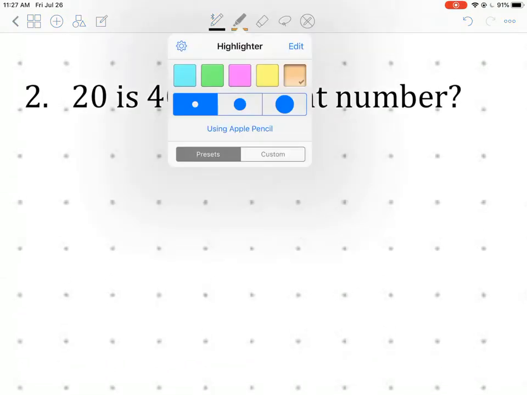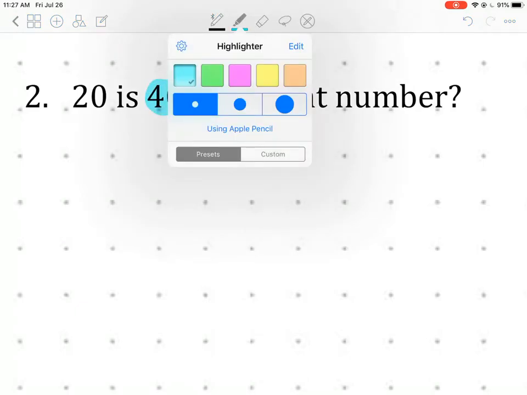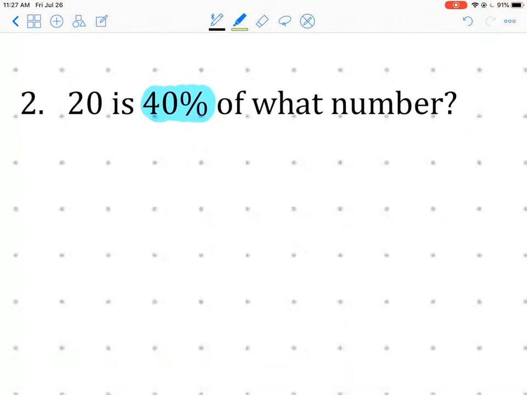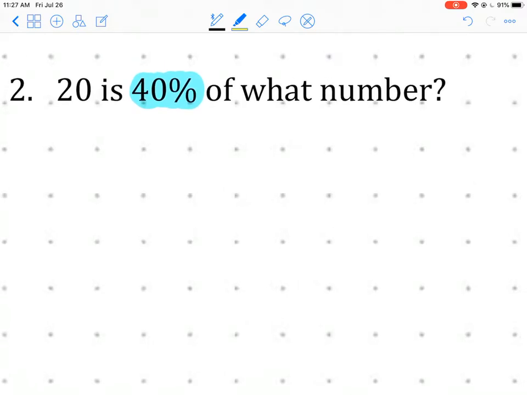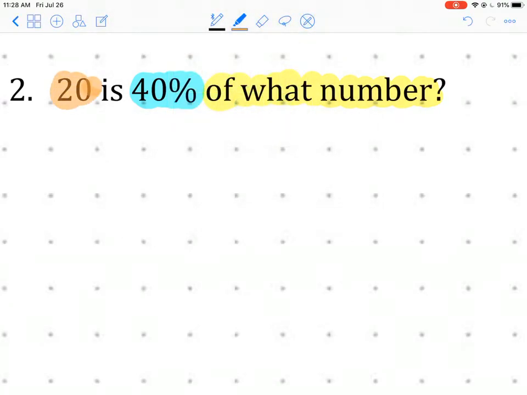So the first thing we have to do is identify our parts. There's the percent. Here is the of. We don't know the of, but we do know the part.